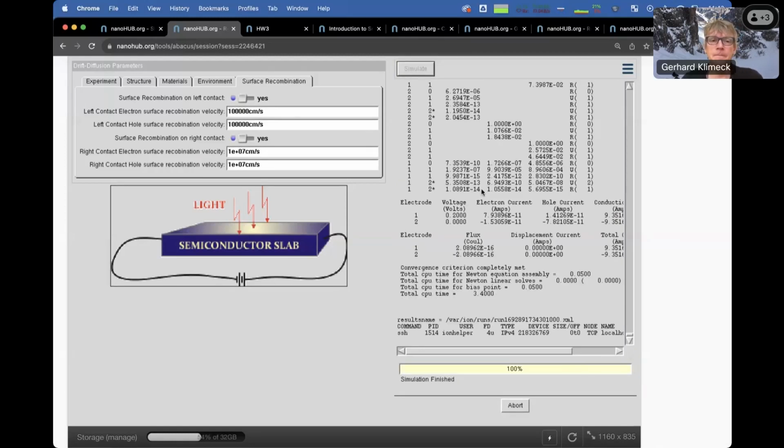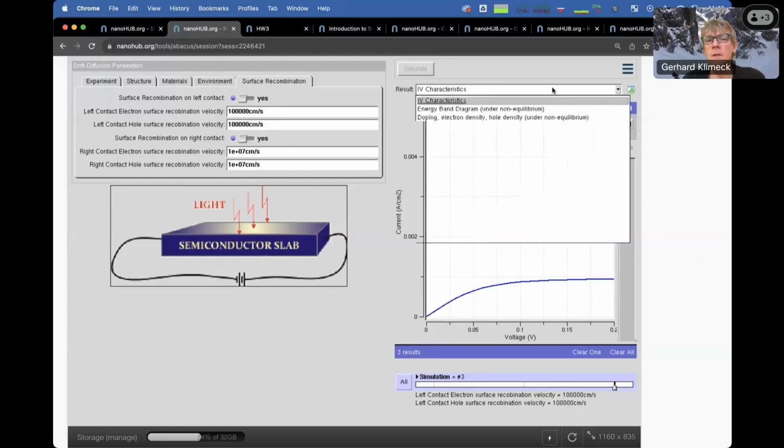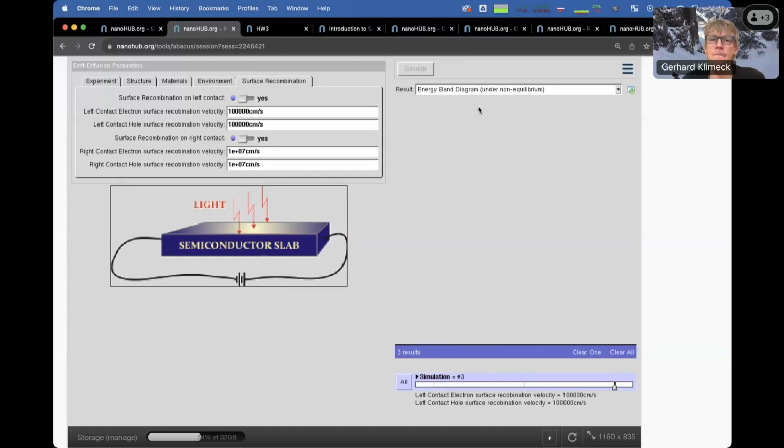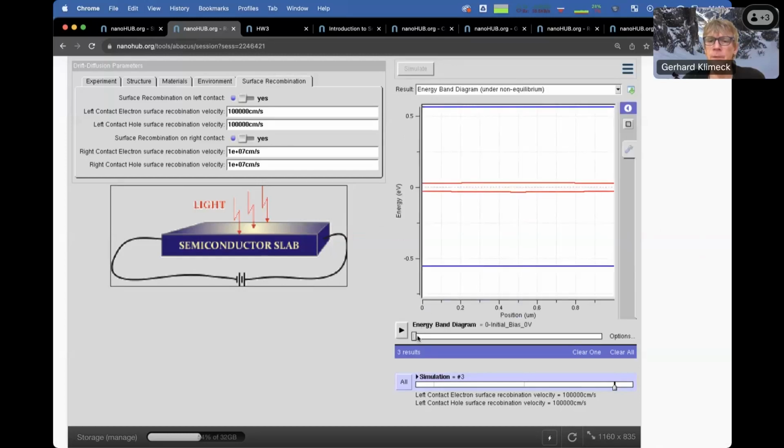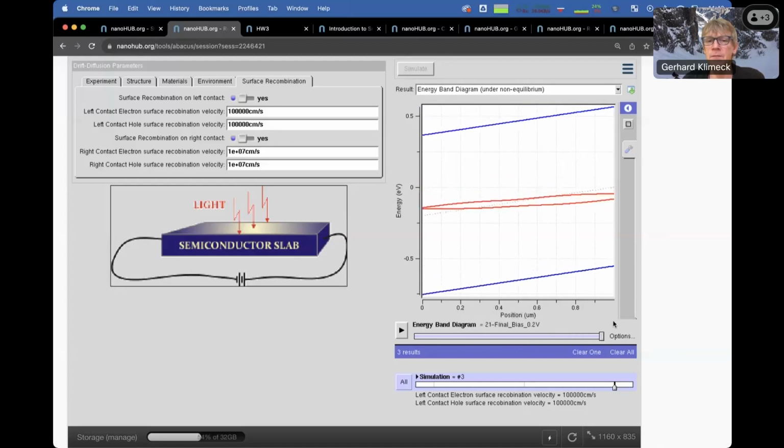Someone asked, for the carrier distribution under voltage, is it assumed the voltage is linearly varied between the source and drain, or is it treated self-consistently? It's treated self-consistently. So when you have, for example, different quasi-Fermi levels that are spatially dependent, the tool actually does calculate the band edges self-consistently.